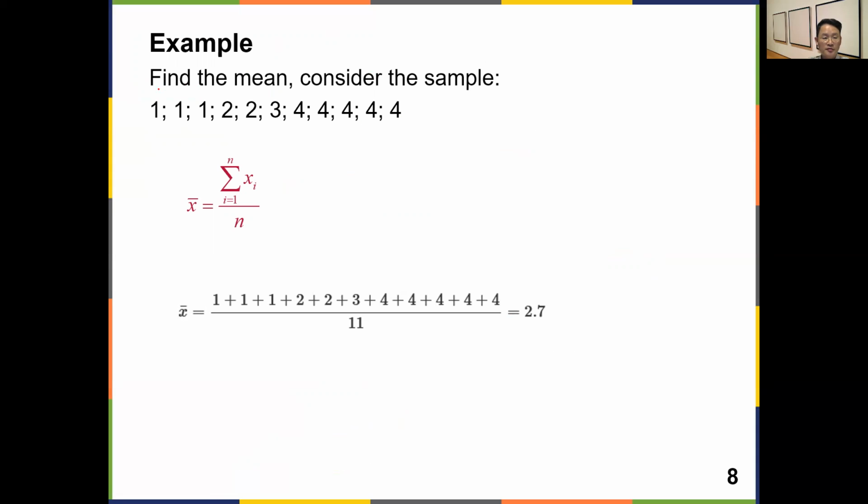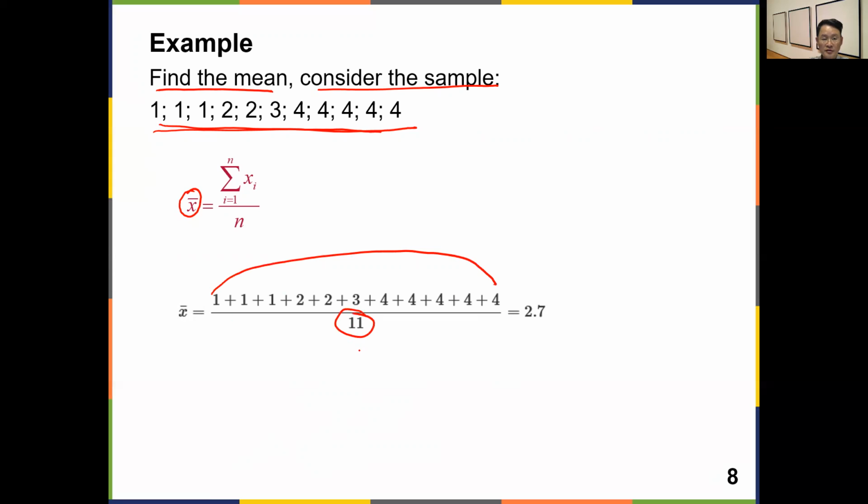Look at this example. Find the mean. Consider the following sample. So this is sample data, so we use the sample mean symbol, which is x bar. How do you find the average? You add them all and divide by 11. Why 11?